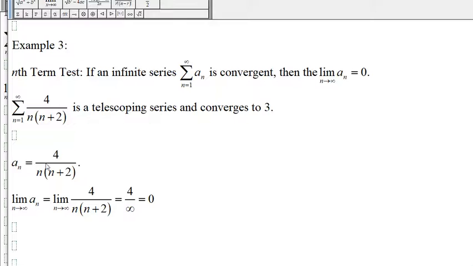So a sub n is 4 divided by n times n plus 2. The limit of a sub n is the limit of 4 divided by n times n plus 2. The top is 4, and the bottom will go to infinity, and we get 0. So one more time, we have shown that this series is convergent, converging to 3, then the limit of the corresponding sequence a sub n is equal to 0.